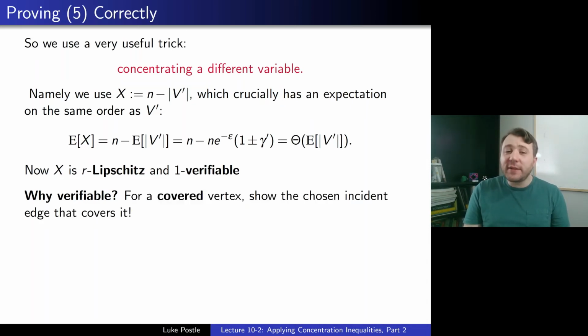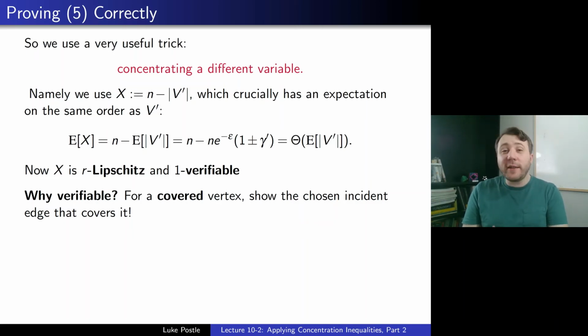The answer is, for a covered vertex, you just show the chosen incident edge that covers it. So you just show this one edge. Maybe there are a lot of edges covering it, but I just need to show you one to prove that it's covered. And so that's the trick here: uncovered is not really verifiable. I'd have to show you that everything came up false. It's a longer proof. The covered, though, is easy to see.